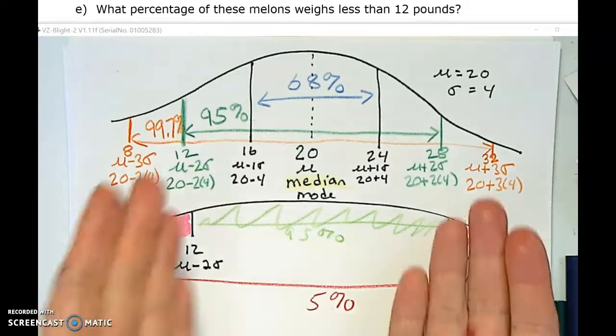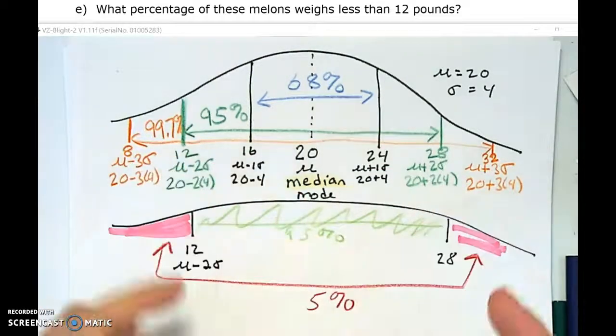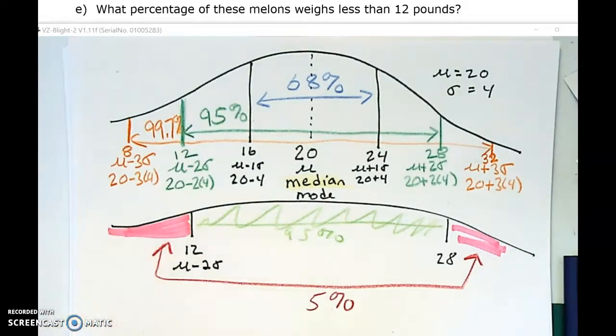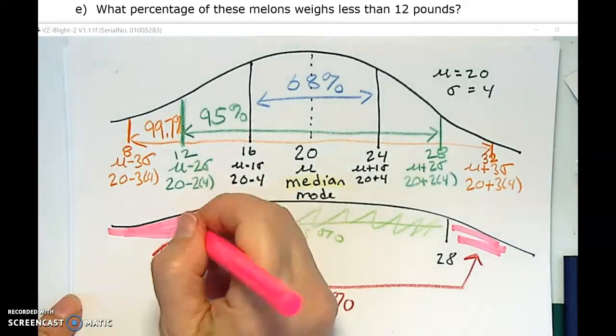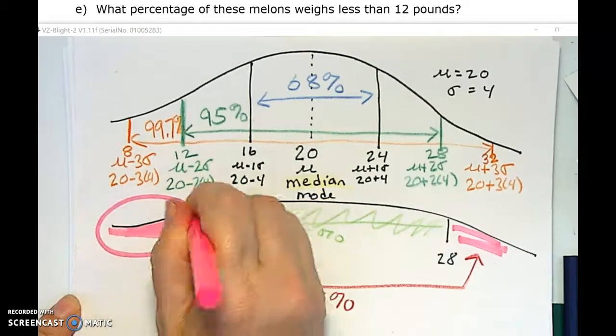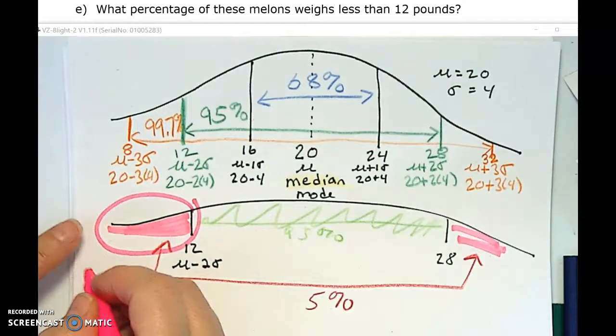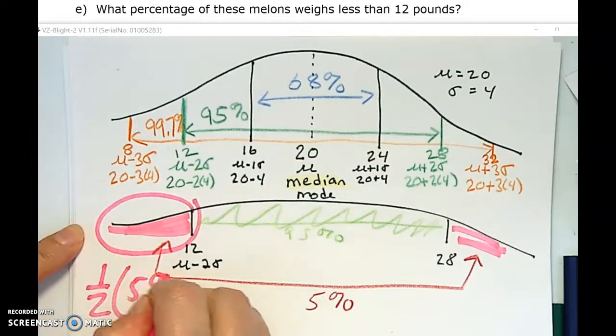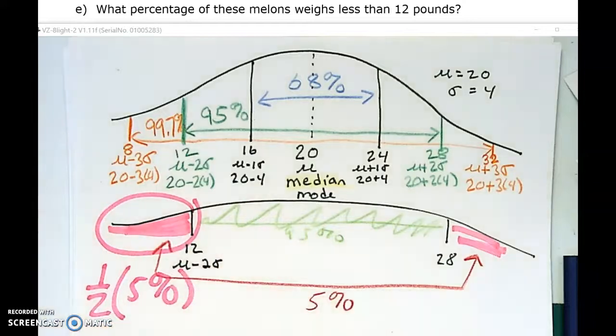And the other thing about the symmetry, remember we folded in half a little while ago, is that this tail, even though my drawing doesn't show it, and this tail are the same size, which means that this tail over here is half of the 5%. So half of 5% is 2.5%.